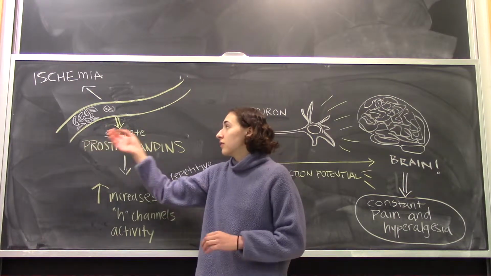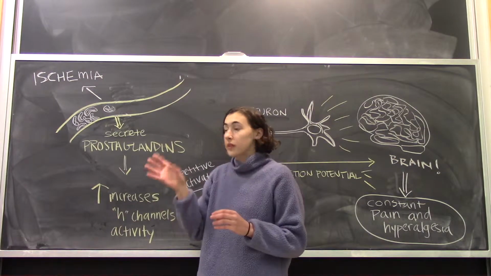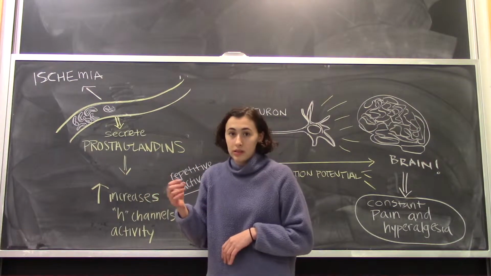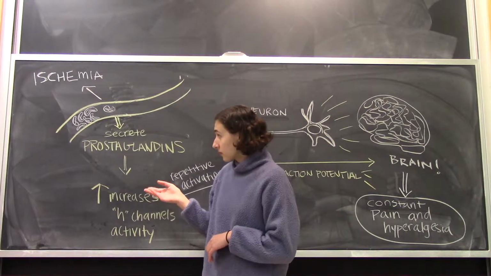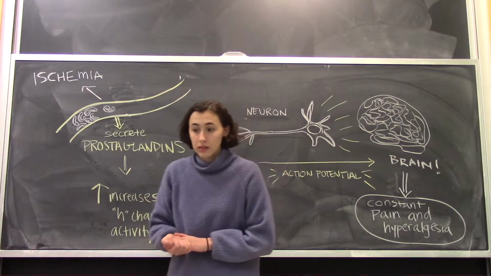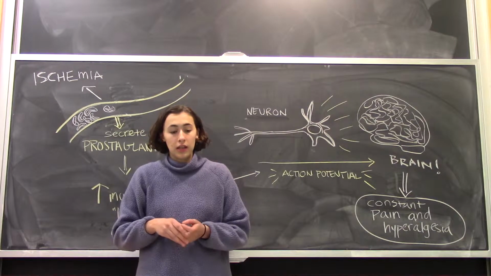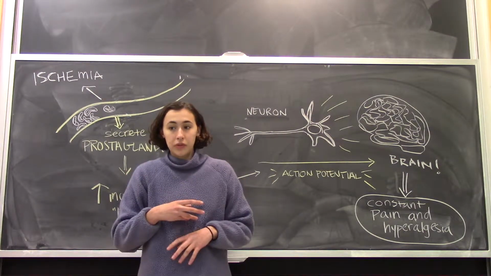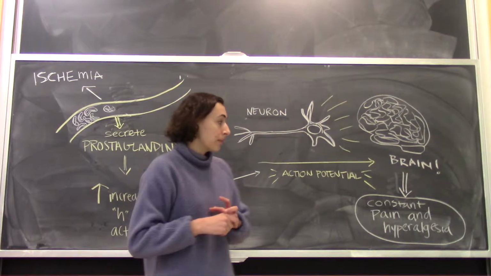It causes a lot of tissue damage to the blood vessel wall and inflammation, which will result in the secretion of prostaglandins. What prostaglandins basically do is increase the amount of ischemia-induced pain signaling in the body.